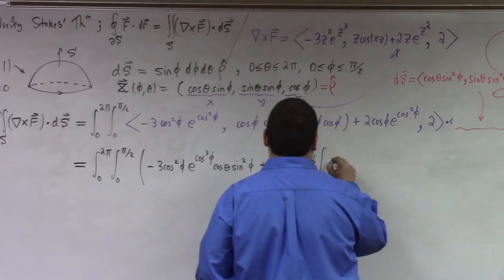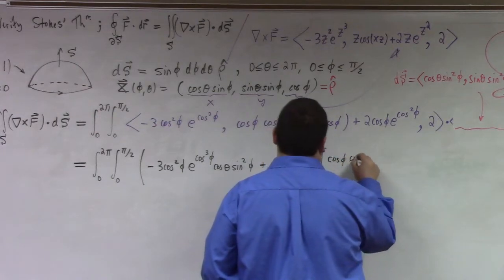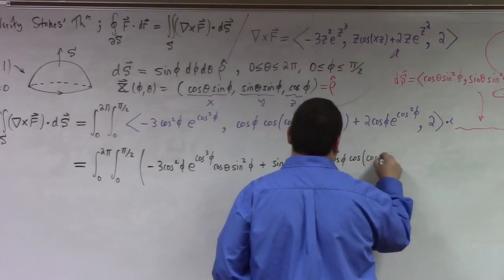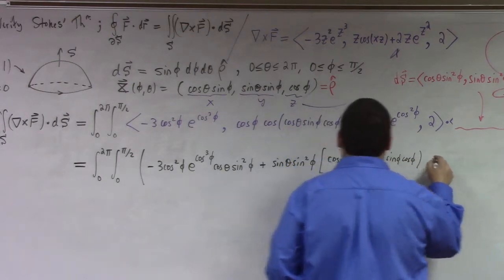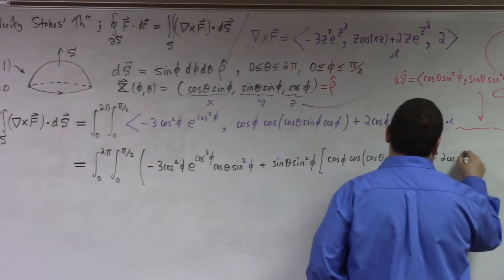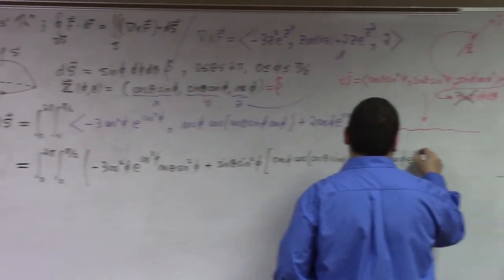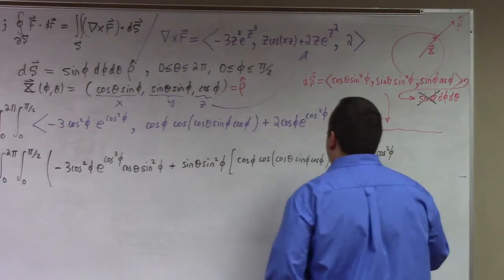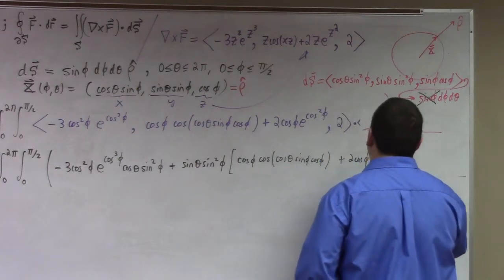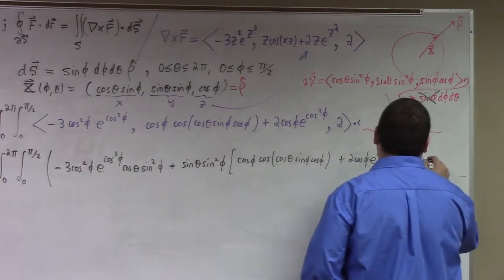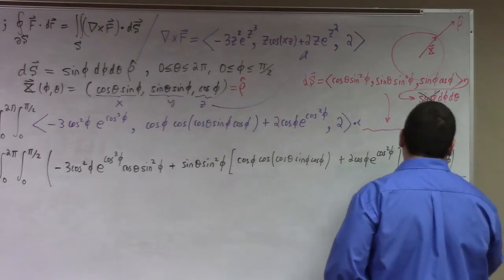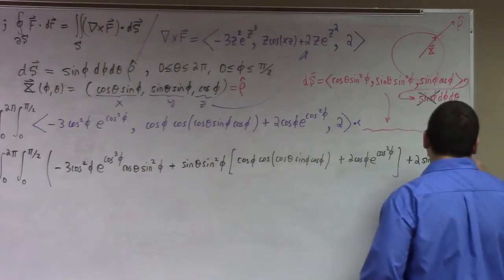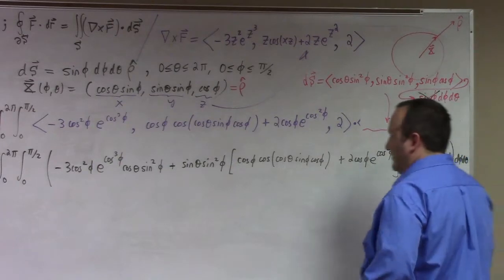And then cosine phi, cosine theta sine phi cosine phi, plus 2 cosine phi e to the cosine squared phi, and then finally something decent, plus 2 sine phi cosine phi. Let that be the only term that's non-trivial, please. And then d phi d theta. Just in time. Almost ran out of board.